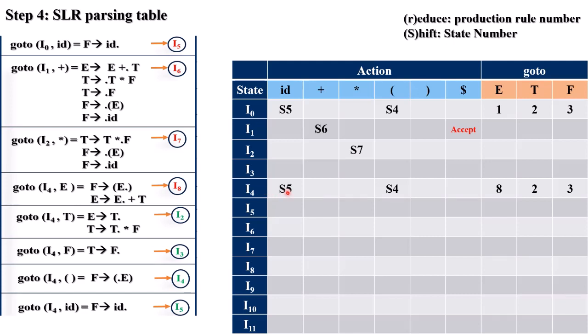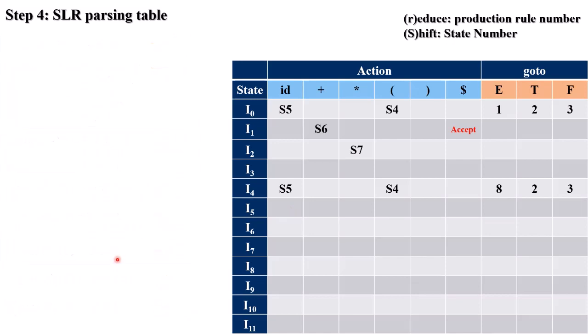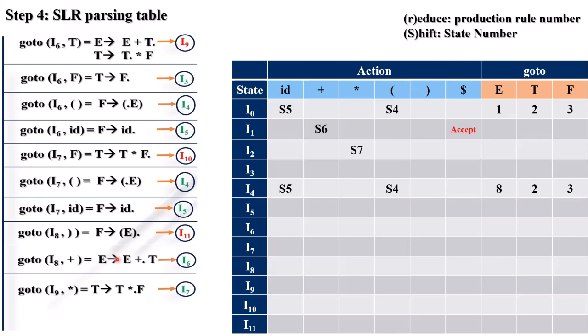I5. So we have to write here S5. So this is completed. Next, I6 T. In I6 T, what we get? I9. Where is T here? What we get? I9. So simply we have to write 9. Next, I6 F, what we get? I3. So in the goto table we have to write only 3.